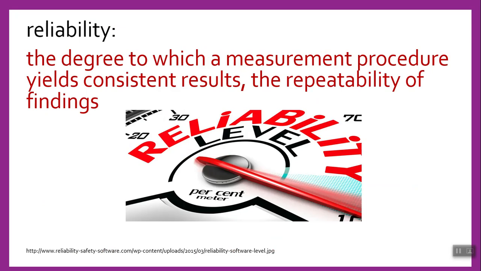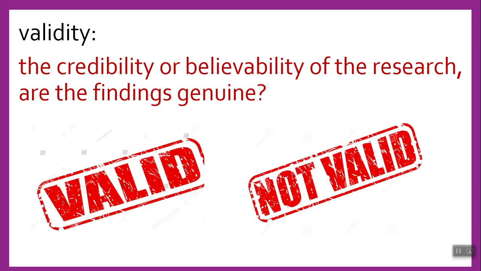And something else to take into consideration in regards to experiments is validity. And that means the credibility or believability of the research. Are the findings genuine? Does the experiment measure what it is intended to measure? Does it meet all the requirements of the research method? For example, was there randomization in the groups?